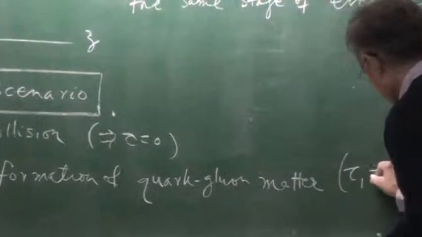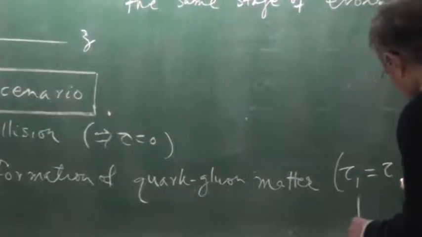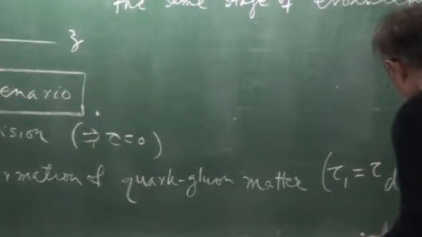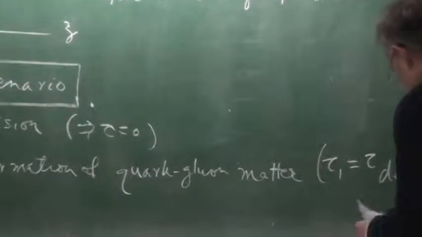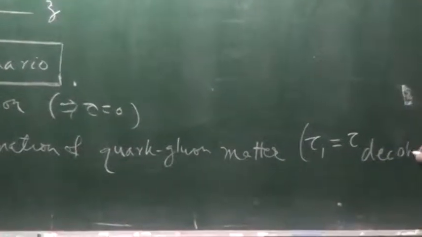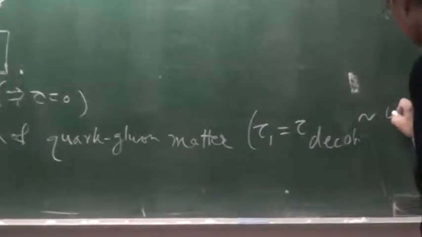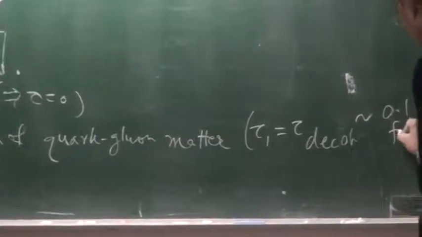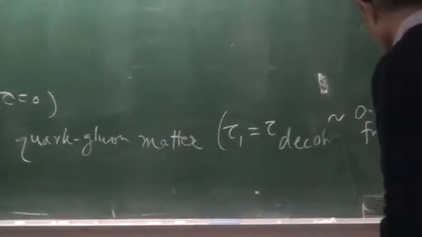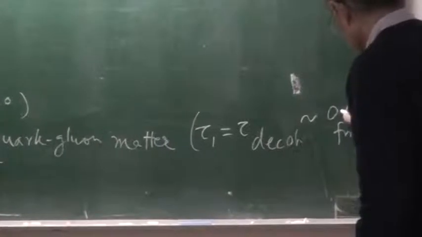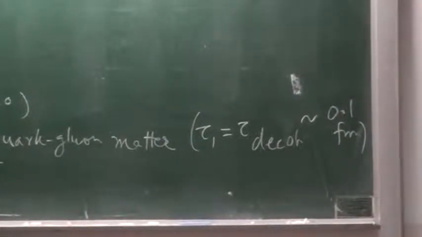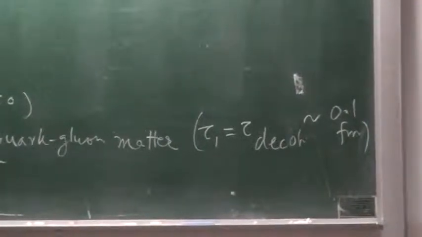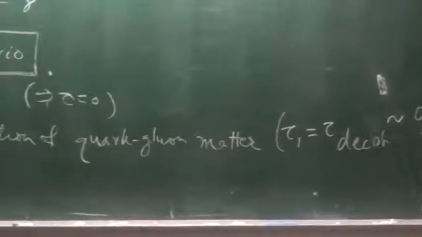Tau 1 is the formation time, and its estimate is about 0.1 fermi. That is the first stage of the collision.